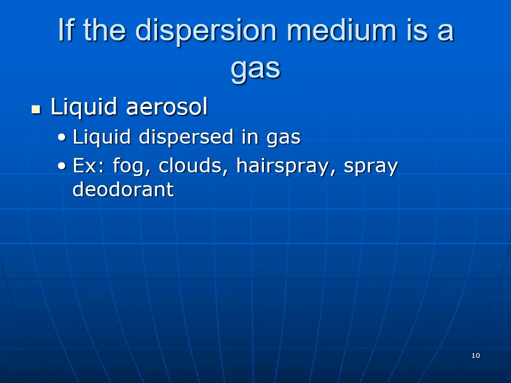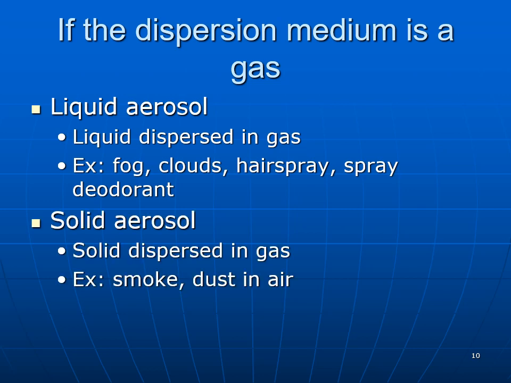So there is actually something that's done with clouds sometimes called cloud seeding. What they do is spray electrolytes into the cloud to cause the dispersion of the particles to be interrupted, leading to rain. Now we also have a solid aerosol, and this is when we have stuff like smoke or dust in the air. This is a solid dispersed in a gas.